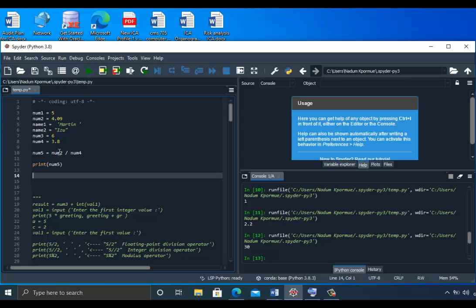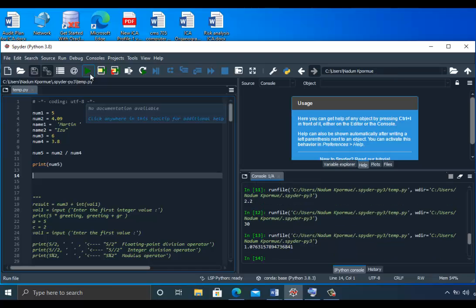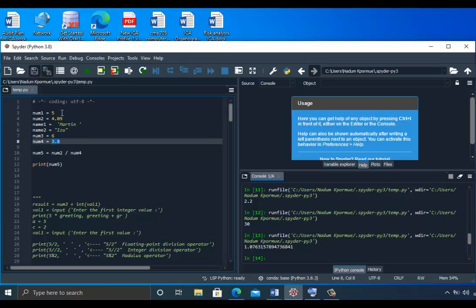We're saying that the content in the memory location of num2, which is 4.0, should be divided by the content of num4, which is 3.8, and we should output the result. The result there is 1.076 and so on. So this is a floating point, and this is also a floating point.